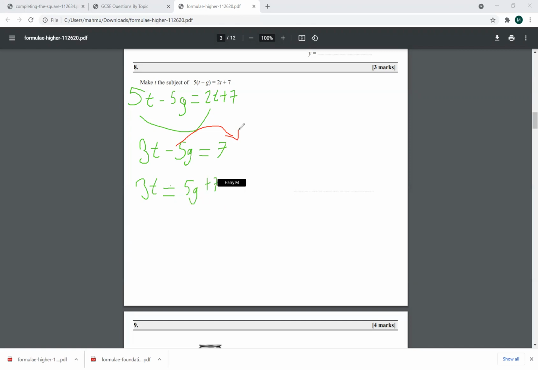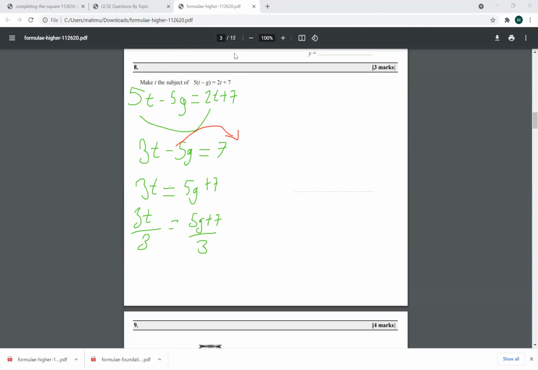Now separate the t from the 3. What is t equals? Okay, that's fine, yep. So now, what's t? 5g plus 7 divided by 3.